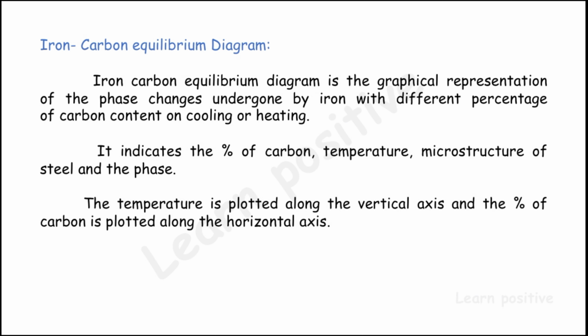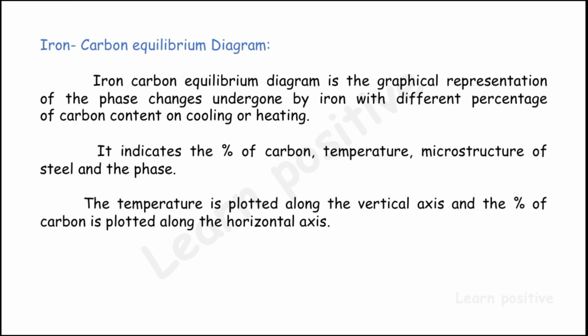The temperature is plotted along the vertical axis, so, the y-axis, and the percentage of carbon is plotted on the horizontal axis, that is the x-axis. So, in the x-axis we get the percentage of carbon and in the y-axis we get the temperature.